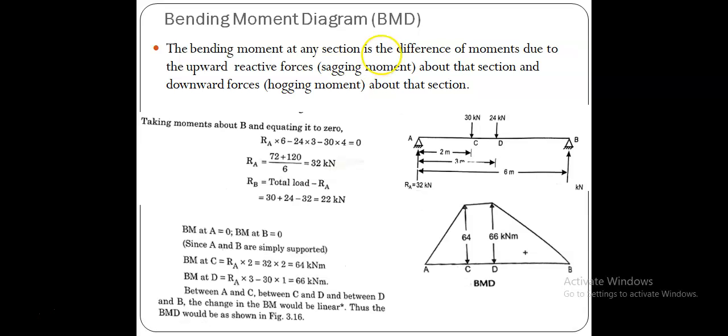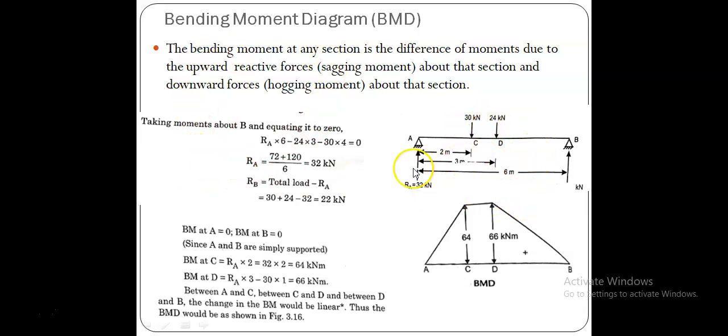It can be calculated as the net moment at any section. The net moment is calculated as the difference of sagging moment and hogging moment with respect to that section. That's all.